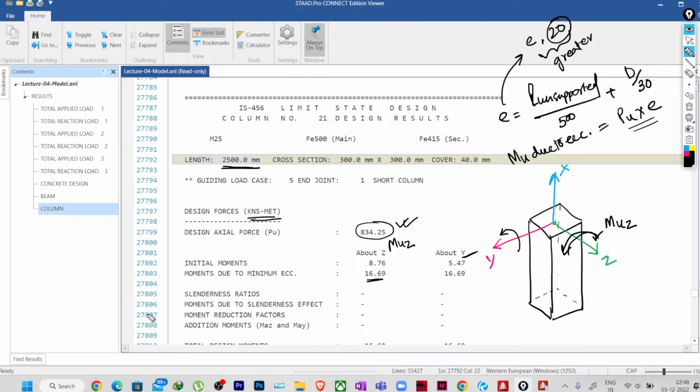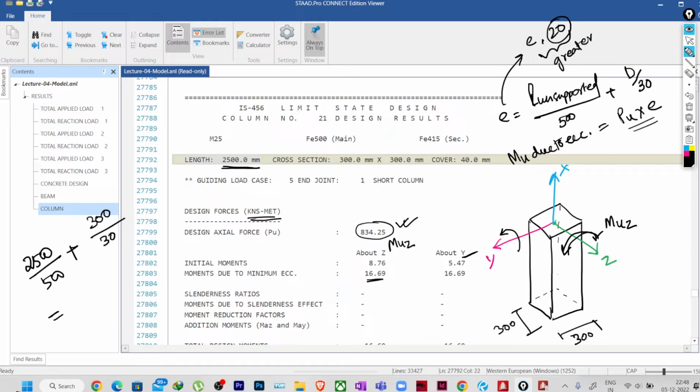So if you calculate, 2500 by 500 plus, as in both directions we have 300 mm, about the z axis we have 300, about the y axis also 300 mm, so 300 by 30.